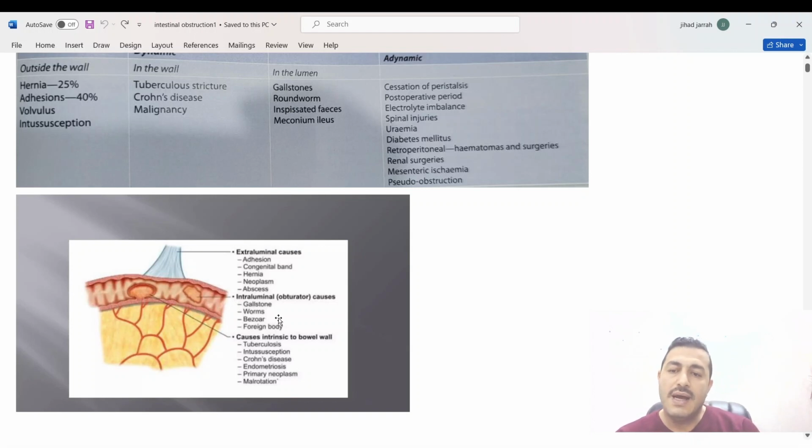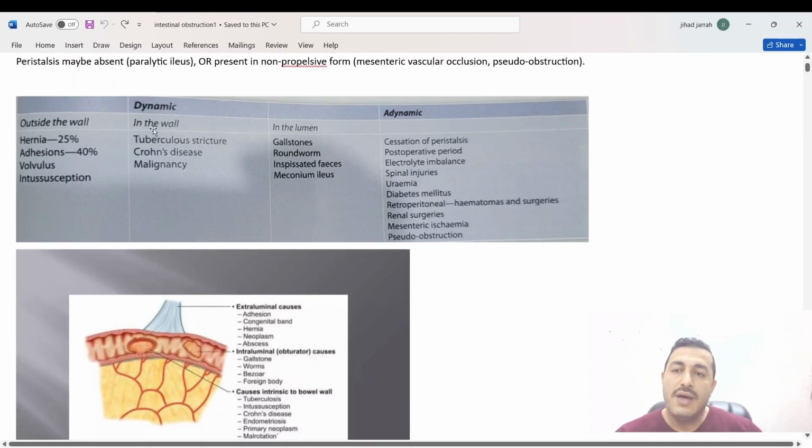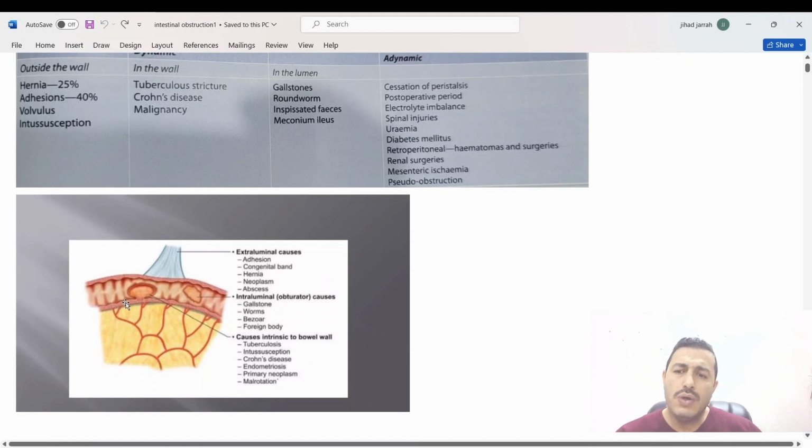And there are causes intrinsic to the bowel wall, in other words in the bowel wall itself, for example, tuberculosis, intussusception, Crohn's, endometriosis, neoplasm, cancers, malrotations. I know that some of you will say that intussusception, for example, is placed here under the bowel wall. It's different in different literatures, it doesn't make a big deal.